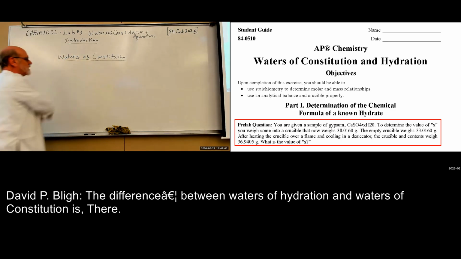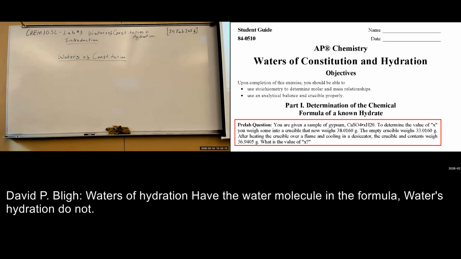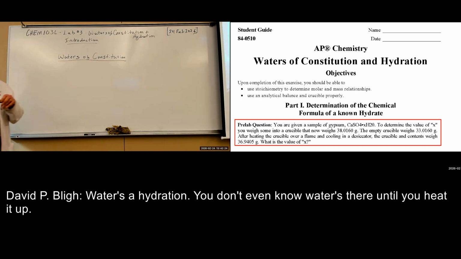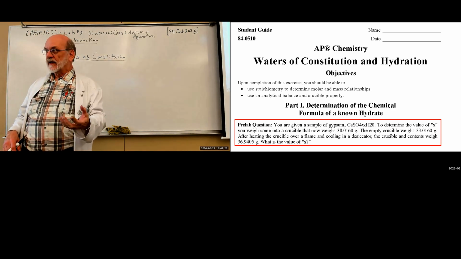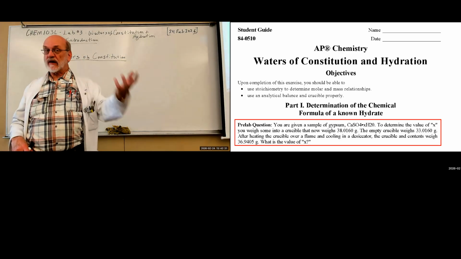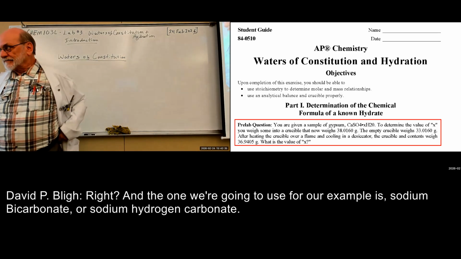The difference between waters of hydration and waters of constitution is that waters of hydration have the water molecule in the formula. Waters of constitution do not. Waters of constitution, you don't even know water's there until you heat it up. And then the water comes out as a product. So the water's not there until you heat it. Right?